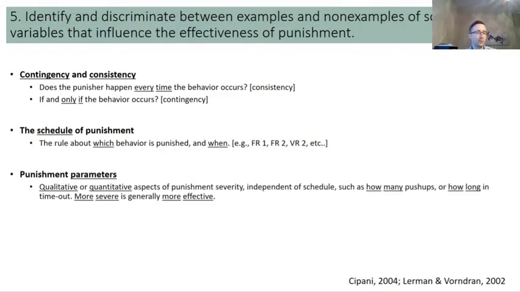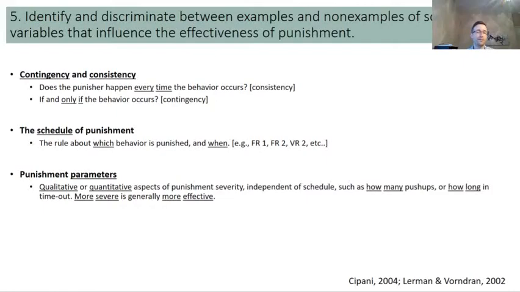So punishment parameters, now these are qualities of punishment, not the schedule. These are qualitative or quantitative aspects of punishment severity, independent of the schedule, such as for contingent exercise, how many push-ups the learner has to do, or how long they are going to be in timeout. More severe is generally more effective, so more push-ups or a longer period of time in timeout generally is going to be more effective.